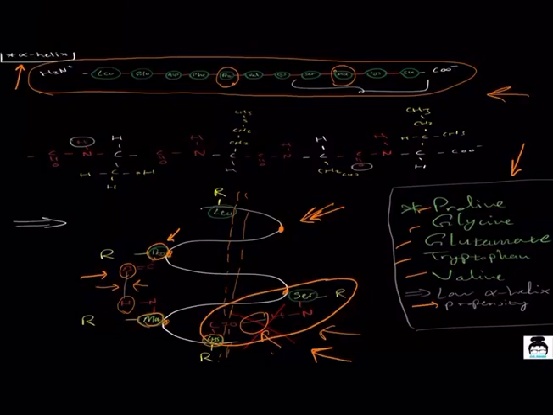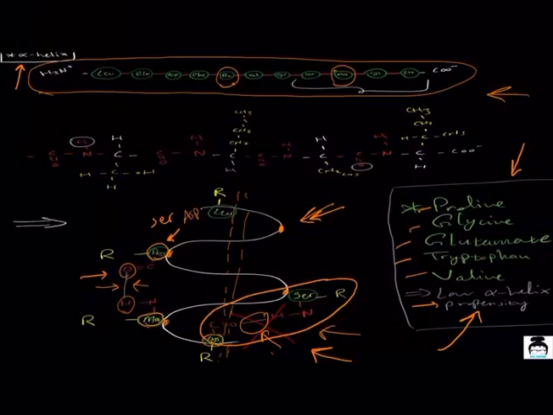I'm sorry for writing proline here. It should be anything else, really. I don't know, serine maybe. It could be any other amino acid. Could be aspartate, right? Could be any other amino acid except for these amino acids in this table. Because these amino acids do not form alpha helices because they disrupt the structure. They destroy the structure of the alpha helix.